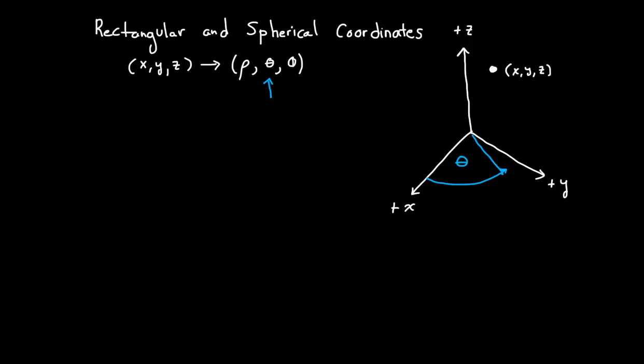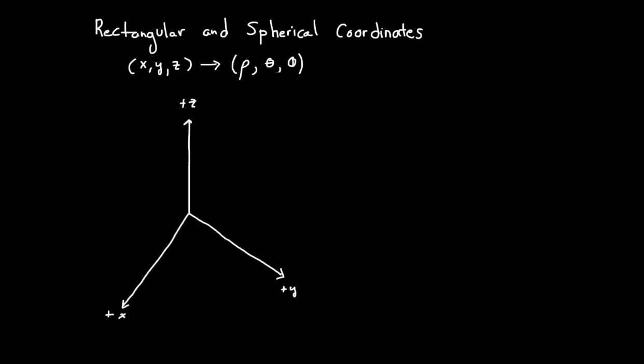Now, the variable rho here is going to be the distance from the origin out to that point. So that's not r. R would be the distance from the origin along the Cartesian plane to a point out in space. But this is now from the origin out to the point in R3, anywhere in three-dimensional space.